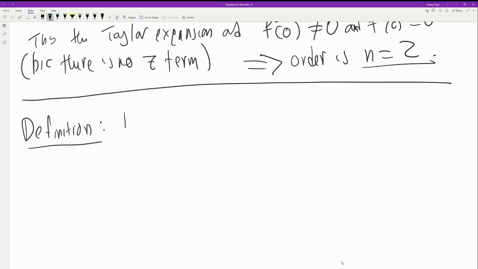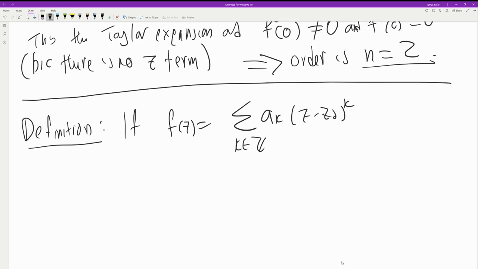So let me remind you, if you have a function f of z equal to its Laurent series around z naught, and all the negative terms are 0 for k bigger than 1.